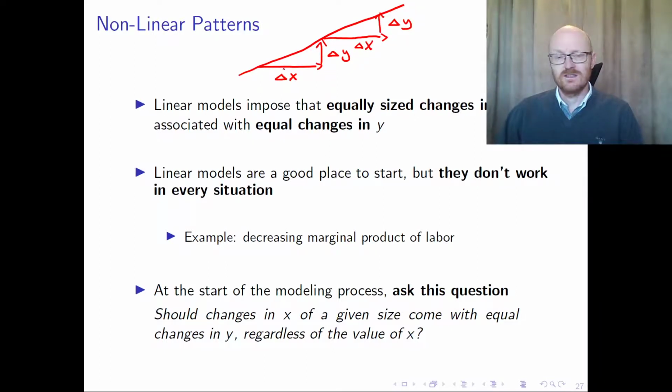But this linear model doesn't work in every situation. For example, take the marginal product of labor. Say you have a factory, or maybe a taxi. If you hire one driver, what is the marginal product of the labor of that driver?